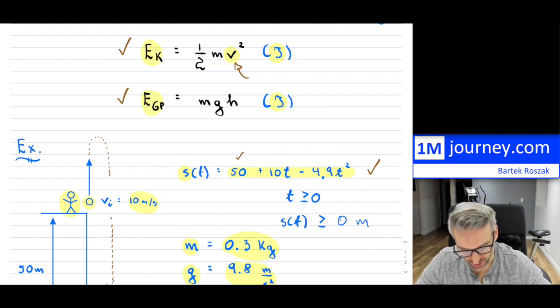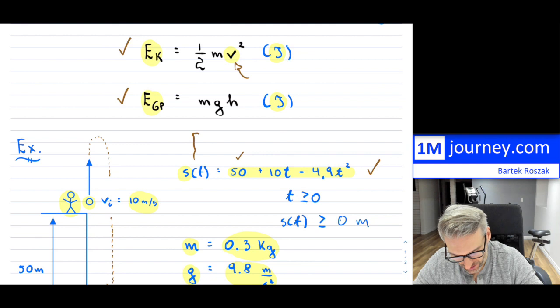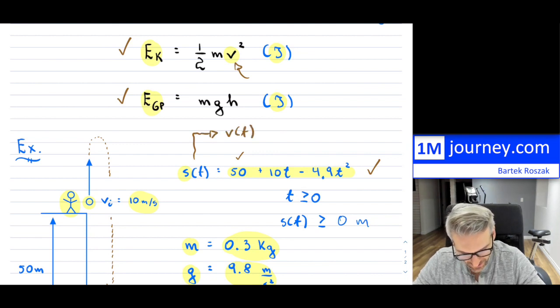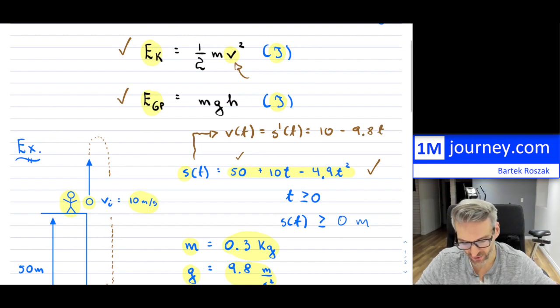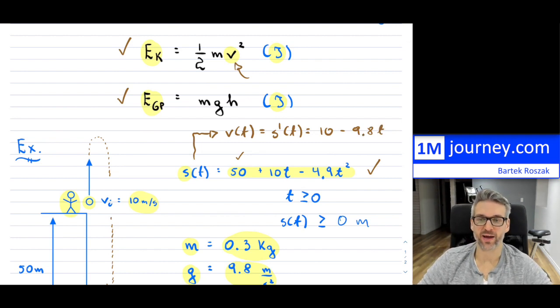So within here, I can get what my speed is, and that is nothing else but the derivative of the position. If I do that, this is simply going to be 10 minus 9.8t. So if I take the derivative of that s function, that's my velocity.